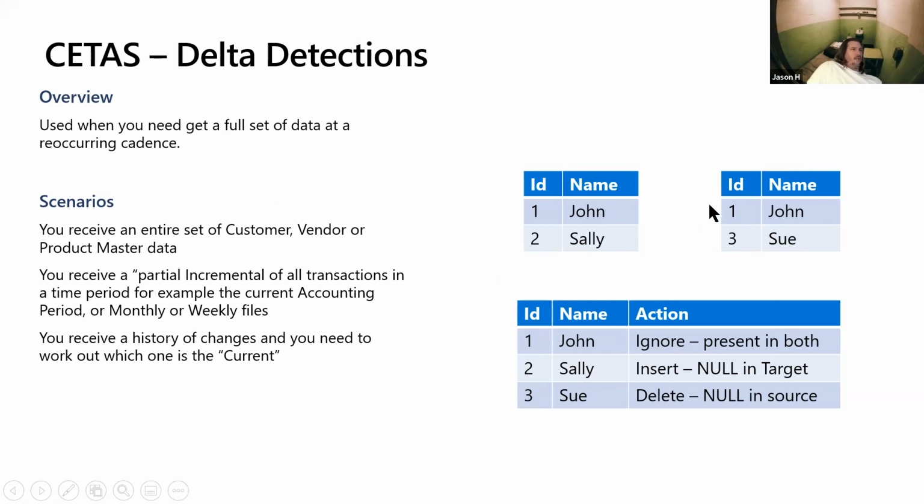Then I ignore it because it's present in both, assuming that the name is the same, right? Sally is in today's but not in tomorrow's, so we could potentially insert. Sue is in today's but not in tomorrow's, so I could do a soft delete, right? Or I could just ignore it, right? It just depends on what the business logic is.